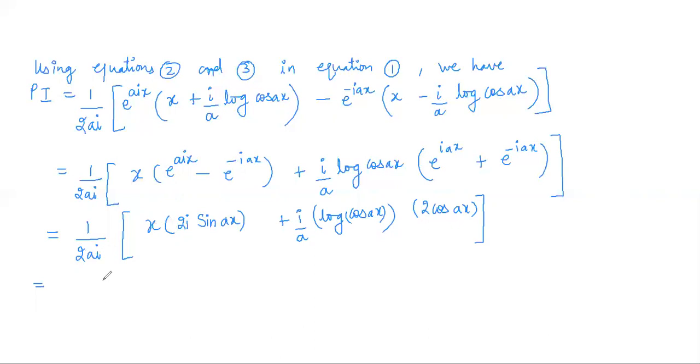We will be left with 1 by a x sine ax. This iota will cancel out. This 2 will cancel out. We will be left with 1 upon a cos ax log cos ax. So this is our particular integral.